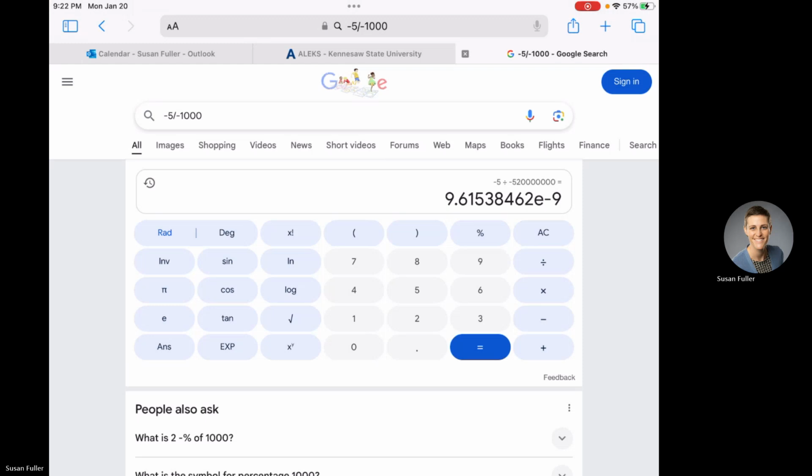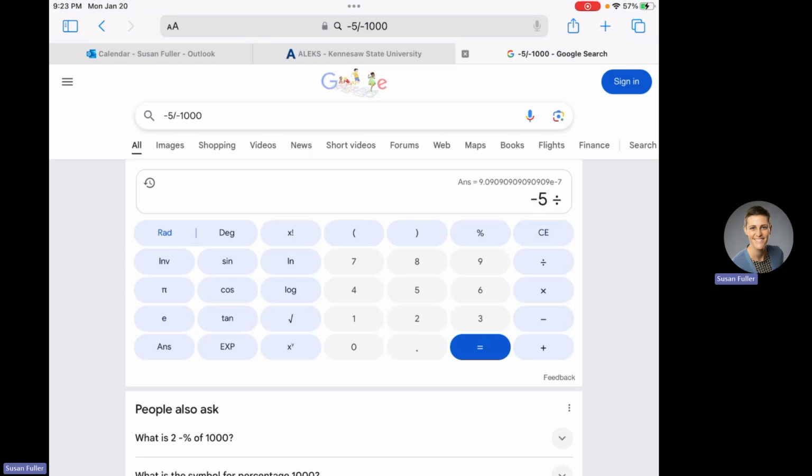Basically what's happening is, negative 5 divided by negative 5,212, something bigger, still just a lot of zeros. I'm getting positive numbers, but they're really small.